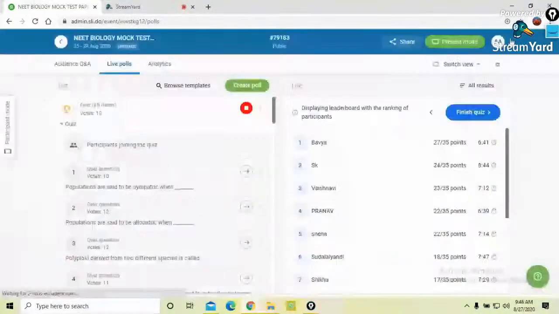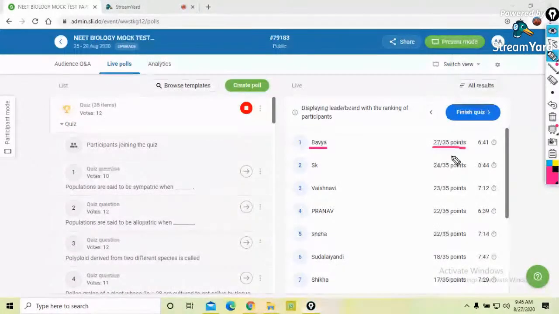Yes, guys, this is the leaderboard. Bhavya 27 on 35. SK second with 24 on 35. Vaishnavi with 23 on 35. Pranav 22 on 35.